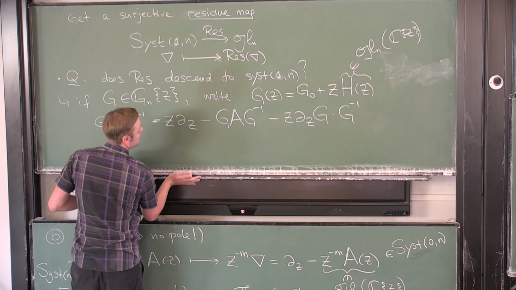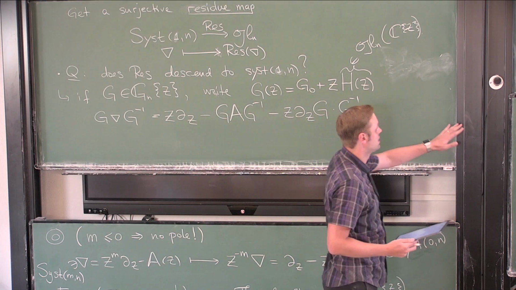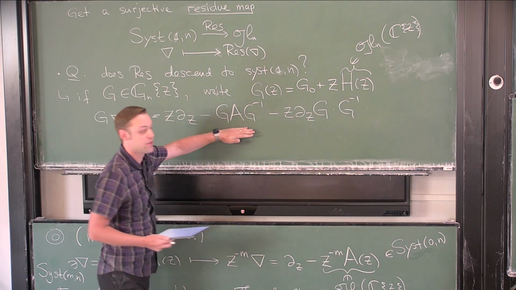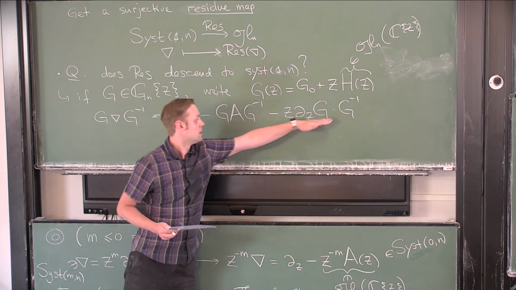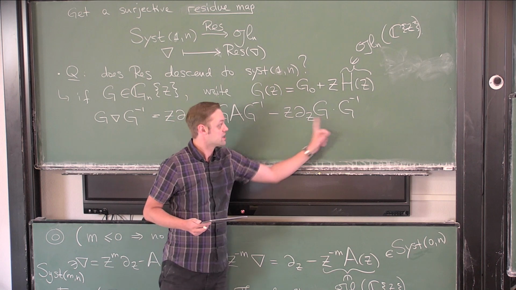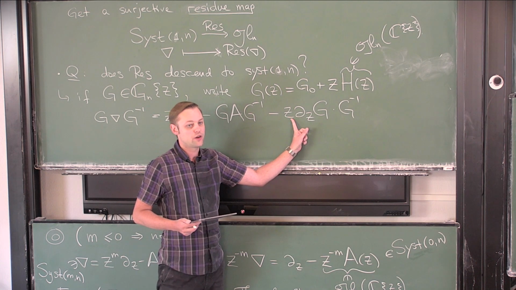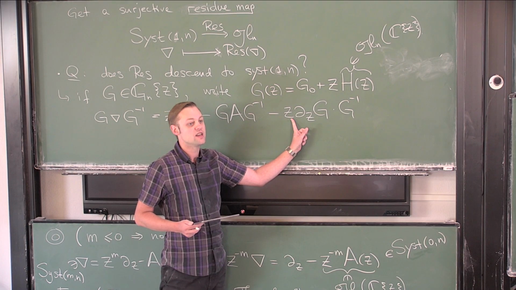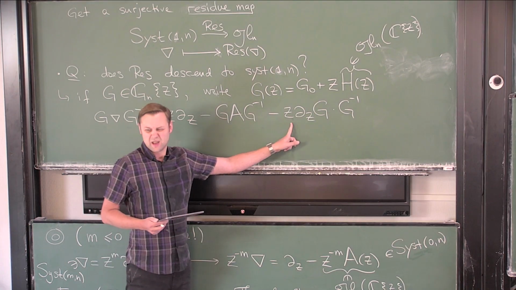And all I'm interested in is the leading order part, the zeroth order in Z part of this big matrix. In particular, this gauge term already appears at order 1 in Z, so it cannot possibly have any effect on the residue. Does that make sense?